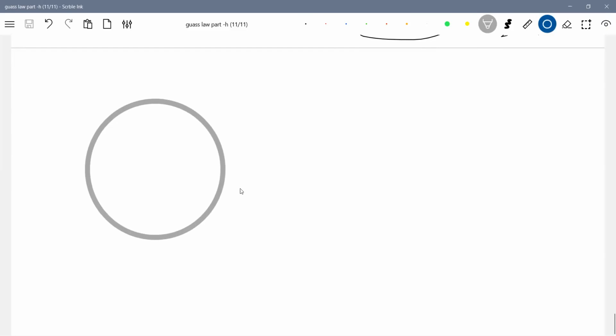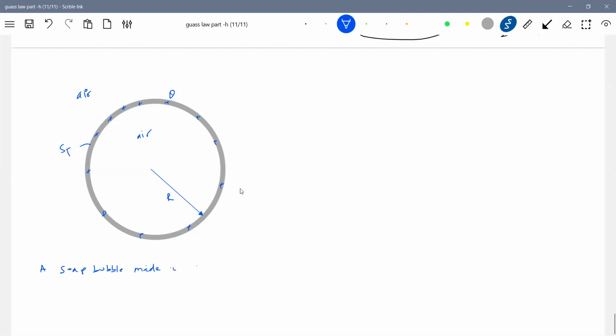Okay, this is a bubble. A thin bubble of radius r, where the bubble has surface tension St and charge Q. There's air around.